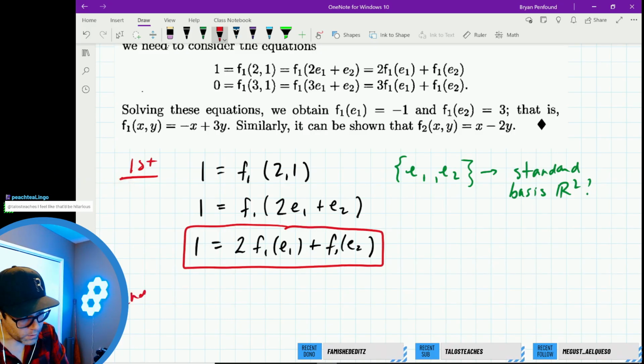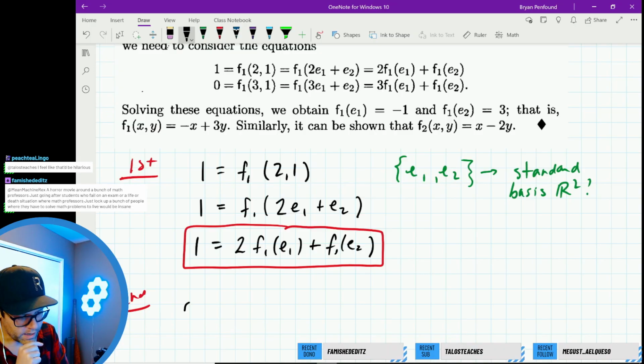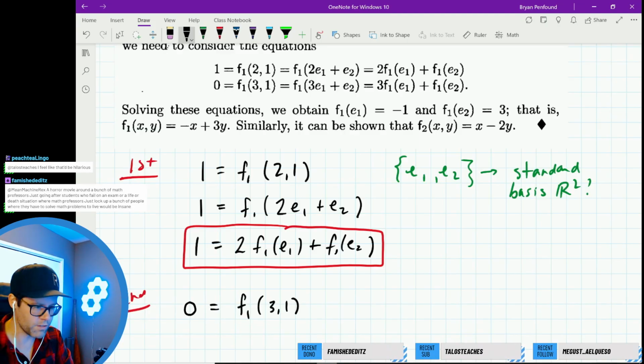Now the second equation, we know this has to be equal to 0 because i and j are not the same. So our Kronecker delta function would return back 0. And this is going to be what happens as F1 pushes the second basis vector through to the other side, right?